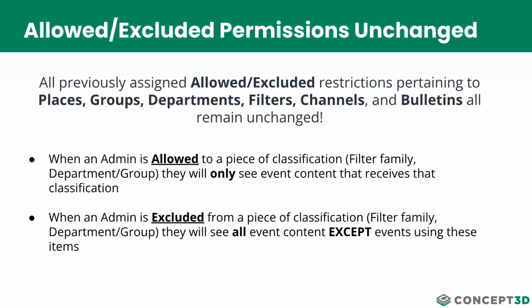Likewise, when an admin is excluded from a piece of classification, they will see all content except events using those classification items. So please reach out to support@concept3d.com or your client success manager if you'd like to know more about how to better utilize allowed and excluded permissions. It's a great way to make sure that people are only seeing the events they need to. So if you aren't sure what I'm talking about here, maybe let us know and we can explore that more.